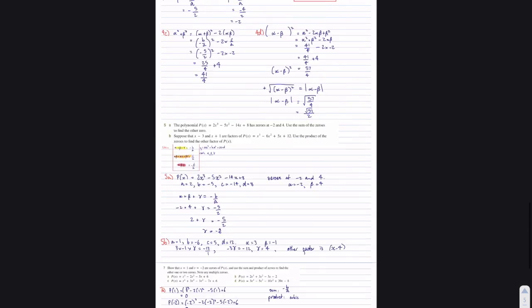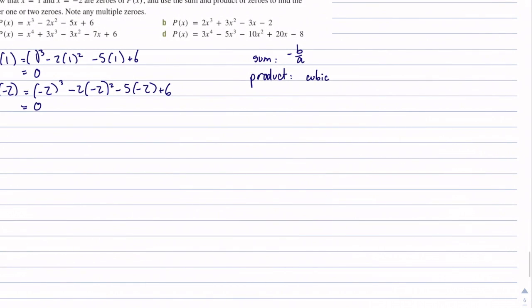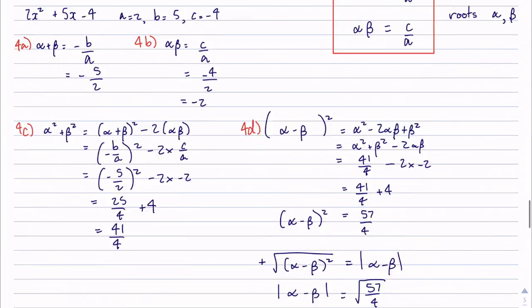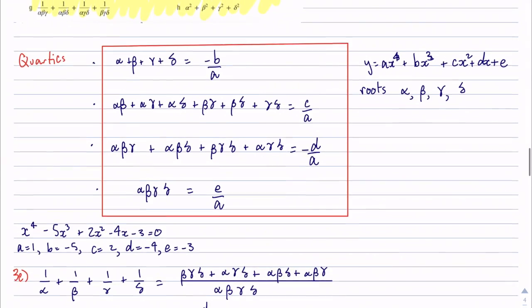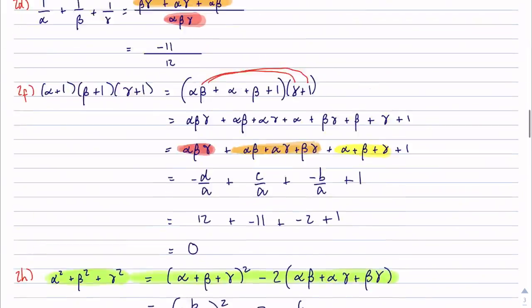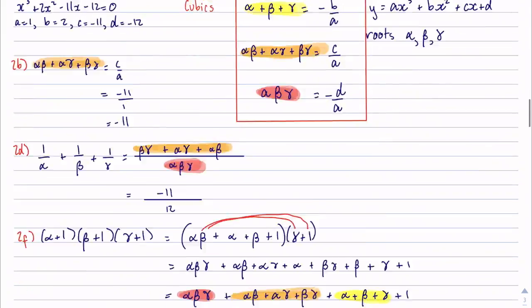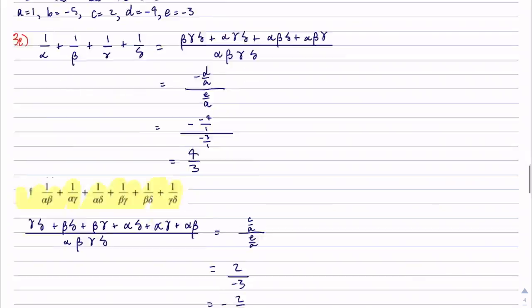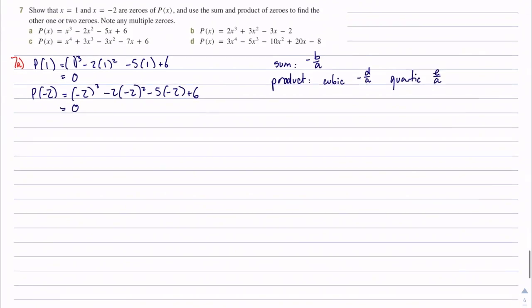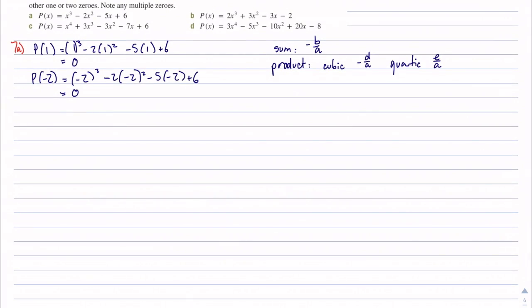Minus d on a. And for quartic, it's e on a. That's right, isn't it? Yeah, that's that, and minus d on a. Good. Sorry, this must be like a roller coaster.